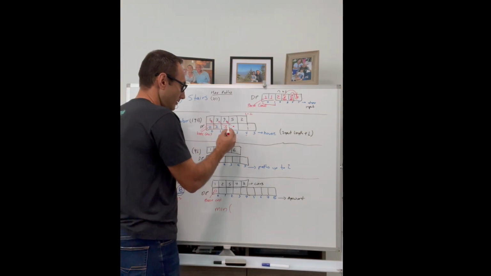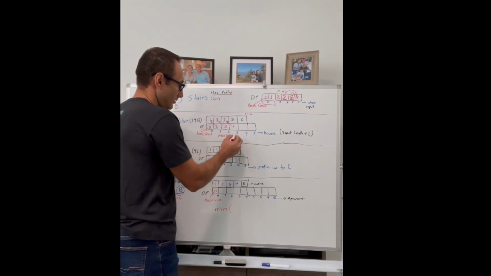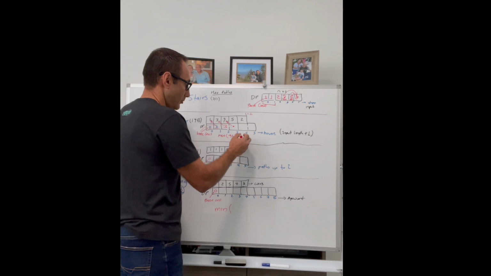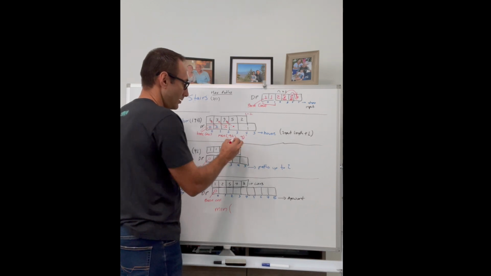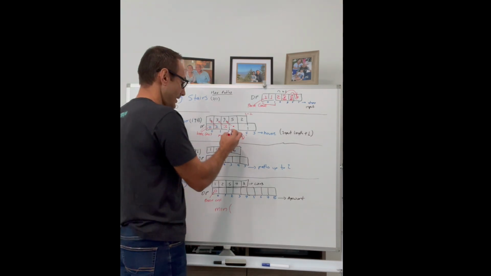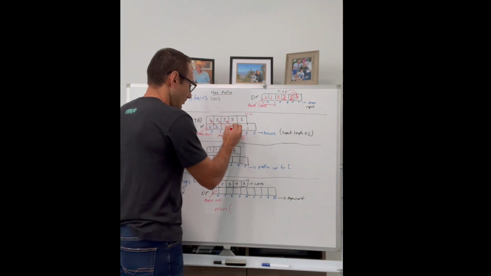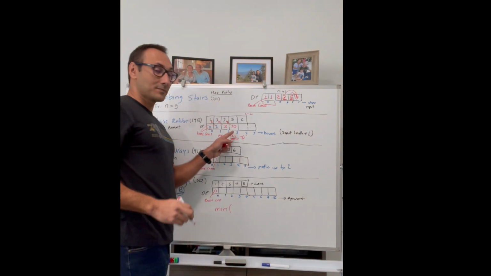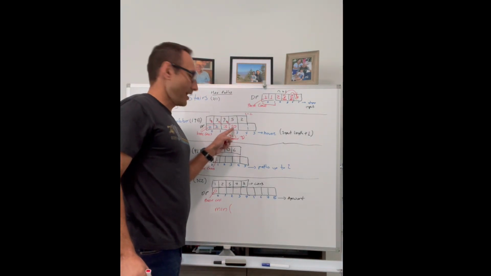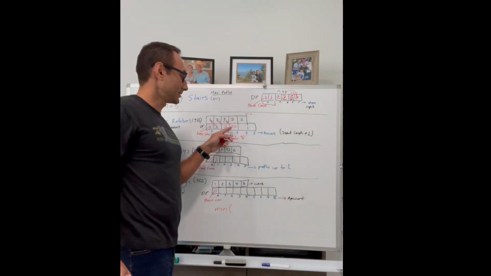So is 9 plus 1 greater than 3? Of course it is. And how much is that? It's 10. So again, up to house number 3, the max I can have is 10.